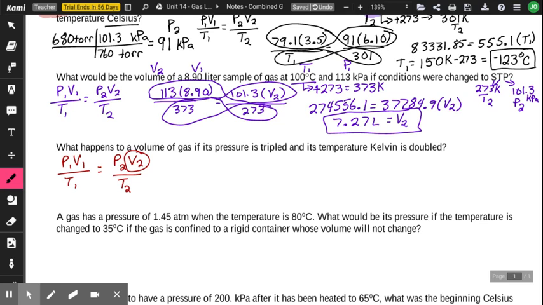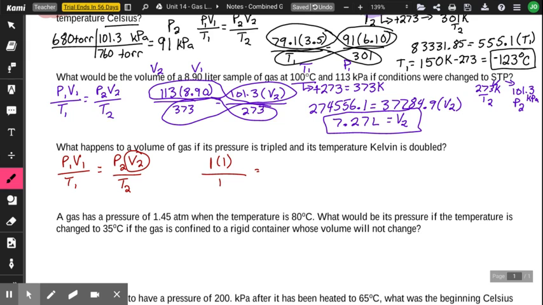Okay? All right, so let's plug in numbers. Well, what numbers do I use? Well, for pressure 1, it's going to be the original value. So 1. For volume 1, same thing, original value, 1 value. And temperature 1, original value, so 1. So everything over here on the left is going to be 1 because it's all the original value, okay?